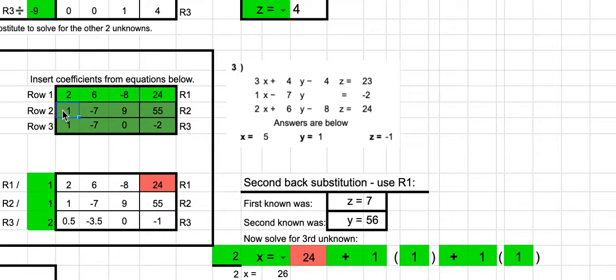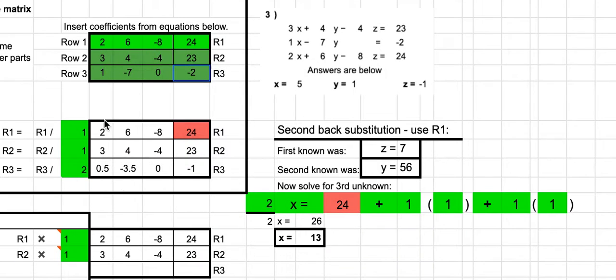And then the second row is going to be the one that's left over: 3x, 4y, -4z, and 23. And it's always good to do a double check. 2, 6, -8, 24. Yep. 3, 4, -4, 23. Yep. 1, -7, 0, -2. That works.